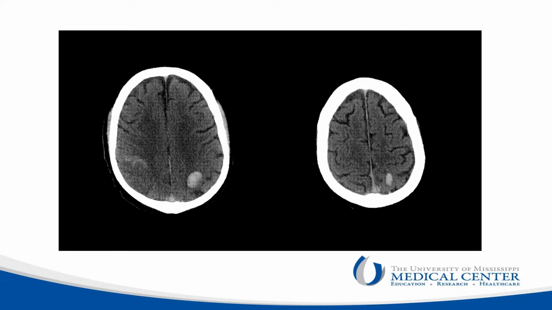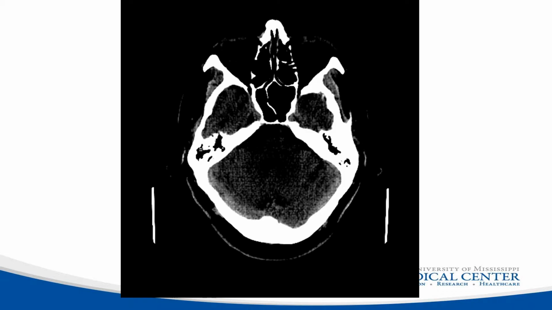This is an outside CT showing an area of hemorrhage in the left parietal lobe and scattered subarachnoid hemorrhage. In the posterior fossa, we can see some density in the region of the venous sinuses.